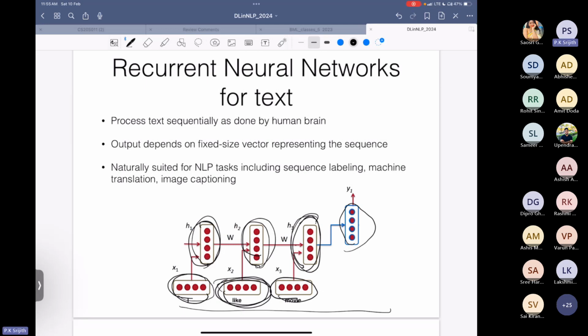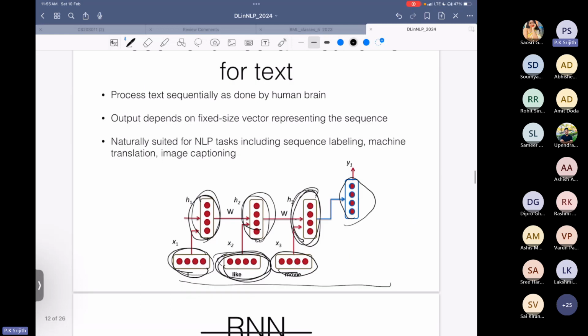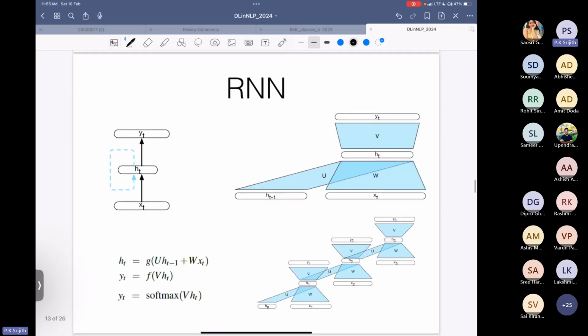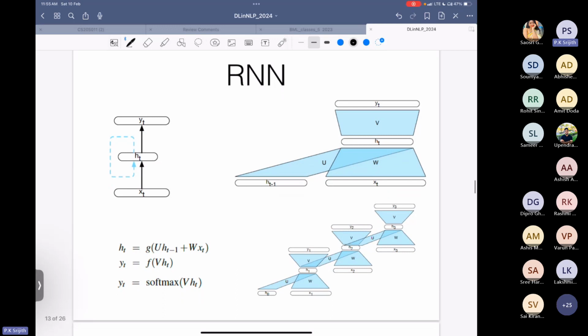So more specifically, if you look at these operations, these are the various operations involved. You have some input xt at time t. That input xt is transformed using some weight vector W to get some representation W times xt. Then it is combined with some transformation of the previous hidden state also.